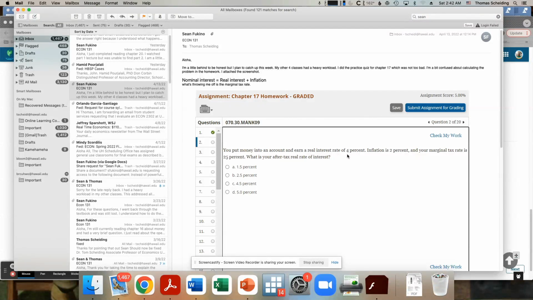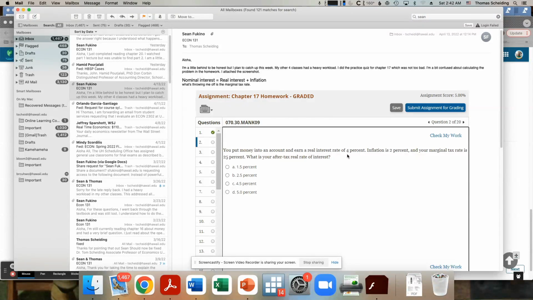So the 4 plus the 2 gives us 6% as a nominal rate. So that's what you would get at the bank. So you'd get 6% at the bank in nominal terms. Take off 1.5.